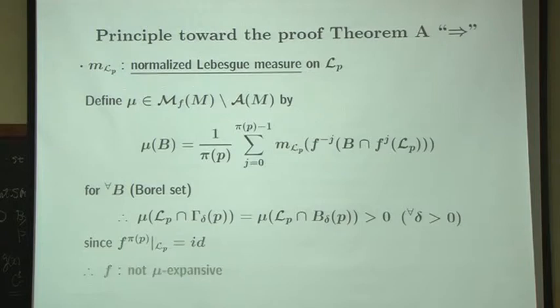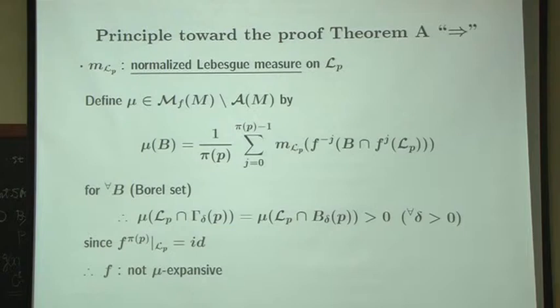Okay. So let LP be the normalized Lebesgue measure on LP, just the length. Let's define it in the usual way, we take the average. Then it is easy to see that this set has a positive measure because this map is the identity map on LP.